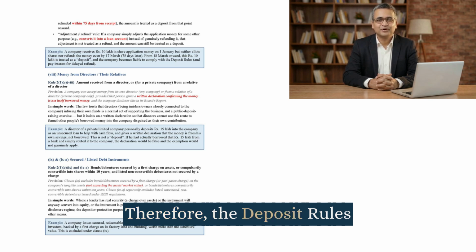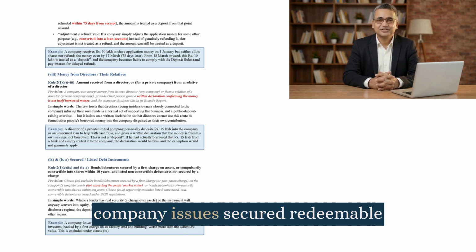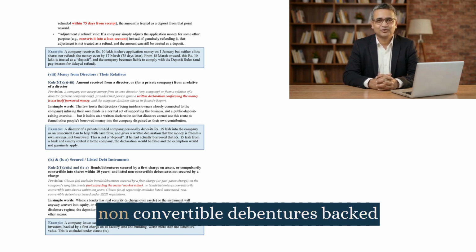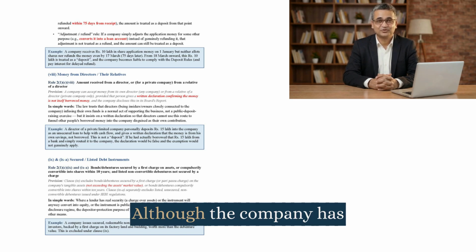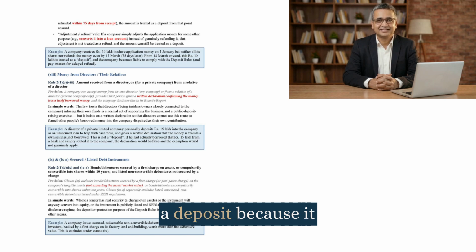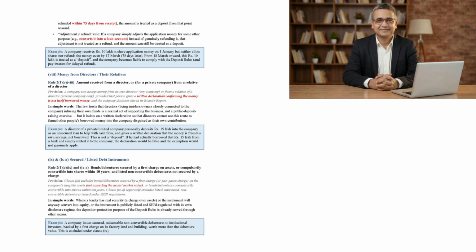Therefore, the deposit rules are not required to provide additional protection. For example, suppose a company issues secured redeemable non-convertible debentures backed by a first charge on its factory land and building. Although the company has received money, the amount is not treated as a deposit because it falls within the exclusion under Clause 9.